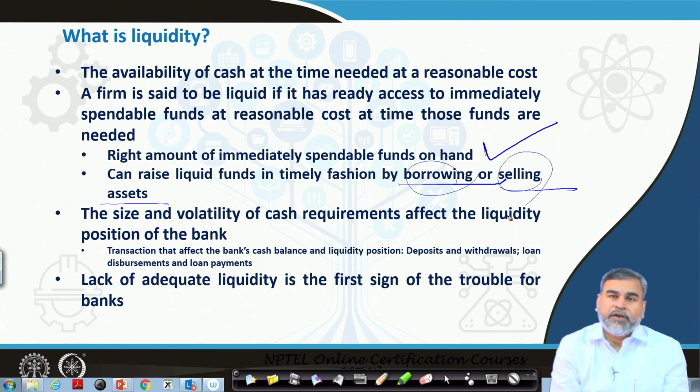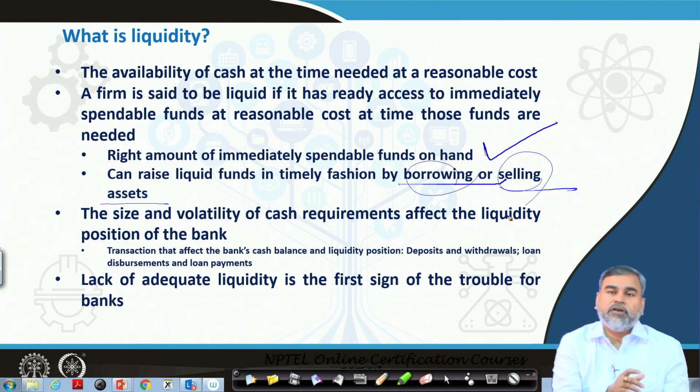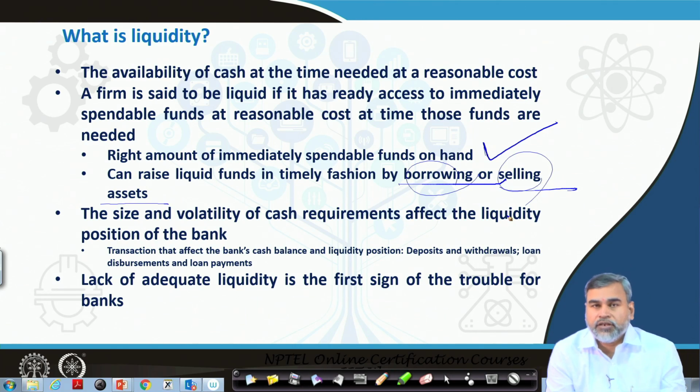But generally what happens, if the cash figure is fluctuating largely and the bank is not in a position to forecast accurately how much liquidity is required in the near future, then it is difficult for the bank to maintain that liquidity.